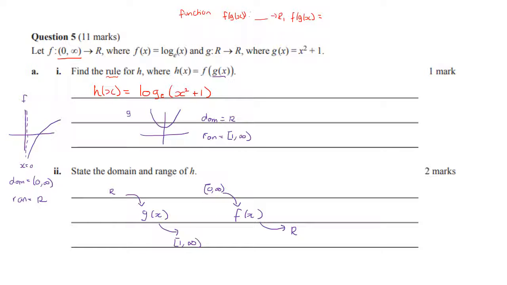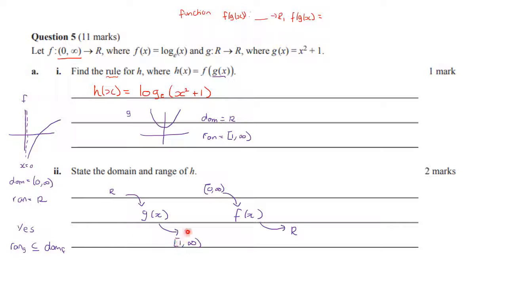So if I wanted to ask if this function exists, yes, it does exist, because the range of g is a subset of the domain of f, which means it is either the same size or smaller, and it's actually smaller. So we know it exists, which means we do not have to change this range, which means we do not have to change this domain.